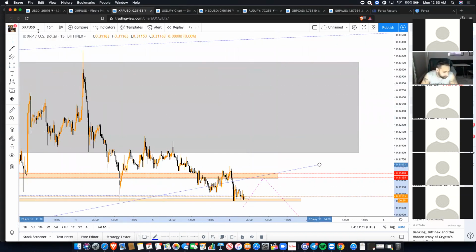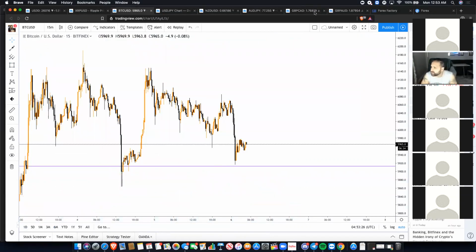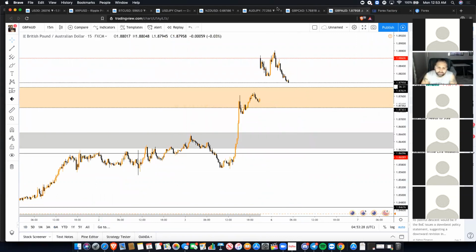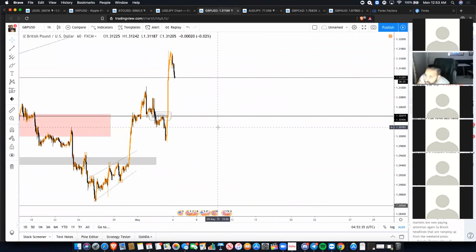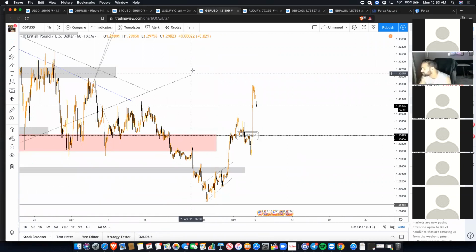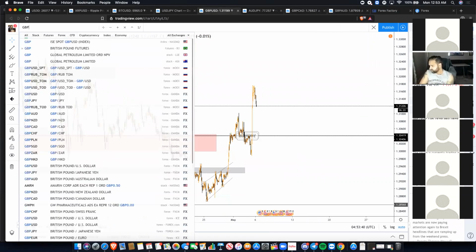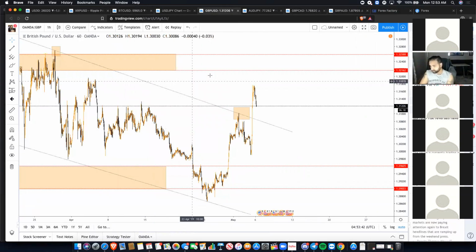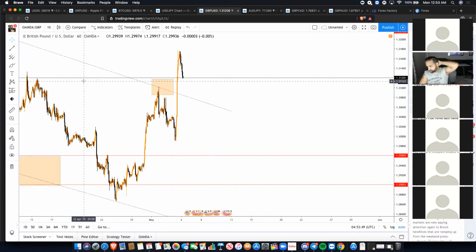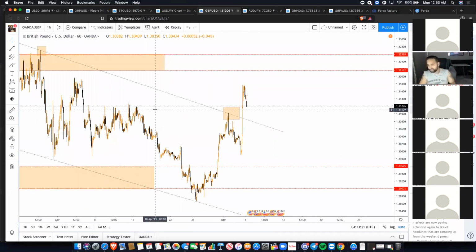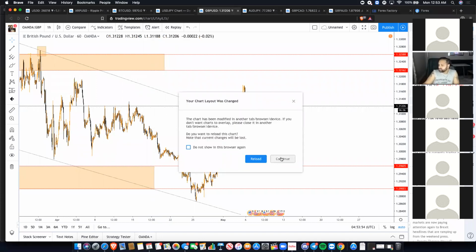Let's look at Bitcoin. Yeah, GU, we're writing it down. GU also. Yeah, GU broke the zone. I'm off of it right now because I'm stalking price on GCAD and on gold. Almost there. 20 pips away. I want to see a strong push down.